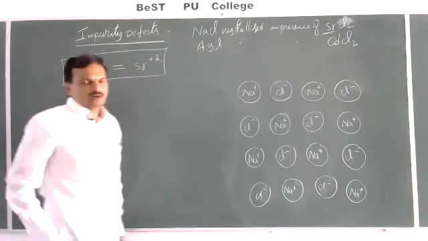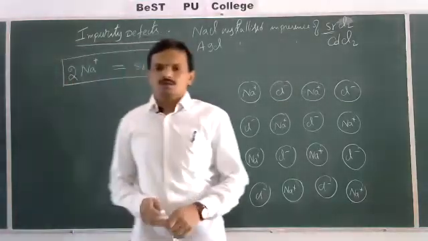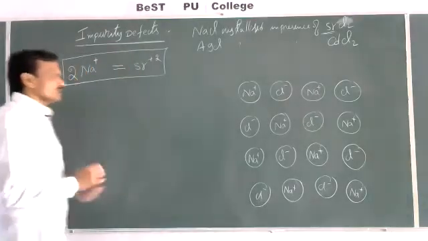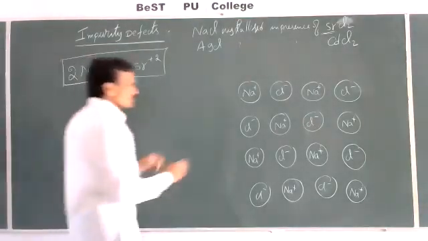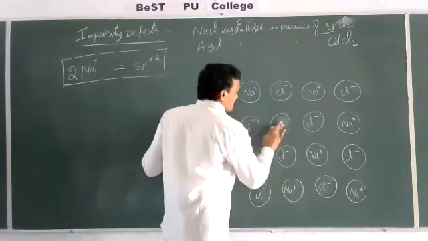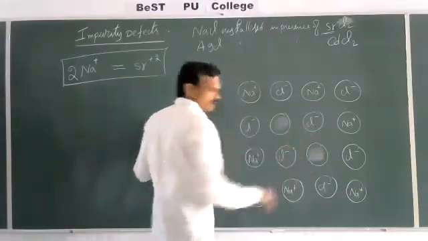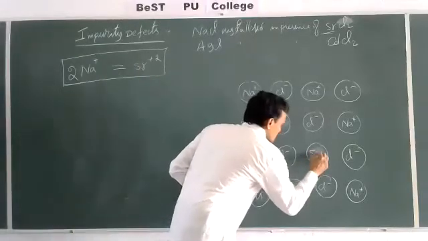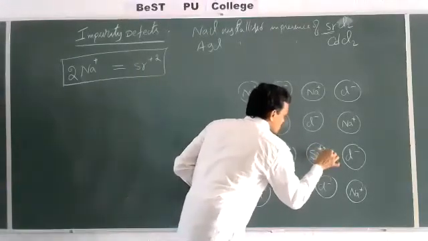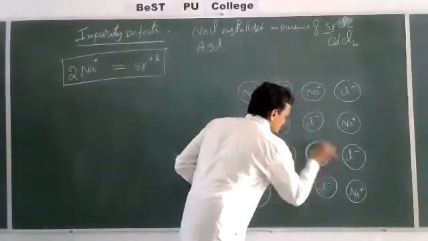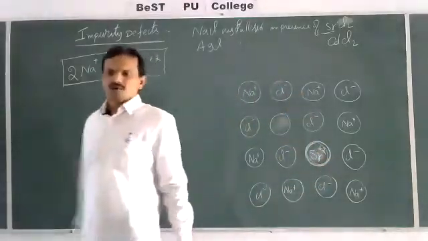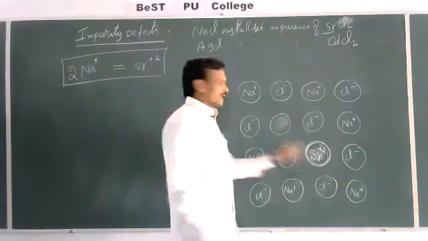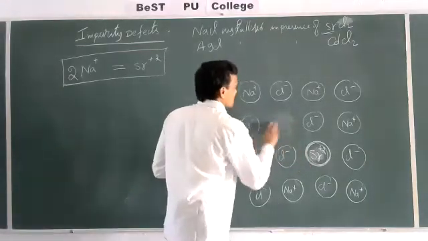The charge of one strontium ion is equal to the charge of two sodium ions. That means in the lattice, two Na plus ions are removed by one strontium ion. So one strontium ion can replace two sodium ions, but occupy only one lattice site, and the other lattice site is vacant.